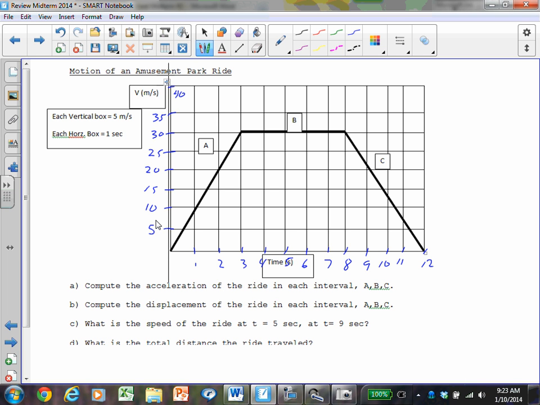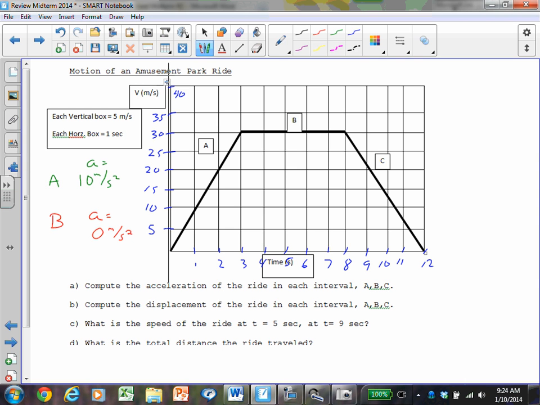So we could get the slope relatively easy here, right? The change in y would be 30, and the change in x would be 3. So my initial slope in A is 10 meters per second squared. For B, A is 0 meters per second squared.